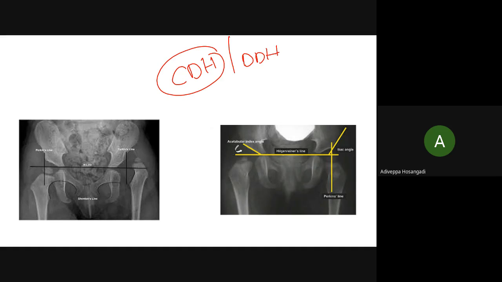Whenever I say CDH, I mean DDH. So these two lines are Perkins lines. This H line is Hilgenreiner. Easy to remember. You don't have to remember the spelling. If they give it partly, you will easily recollect Hilgenreiner line or Perkins line.